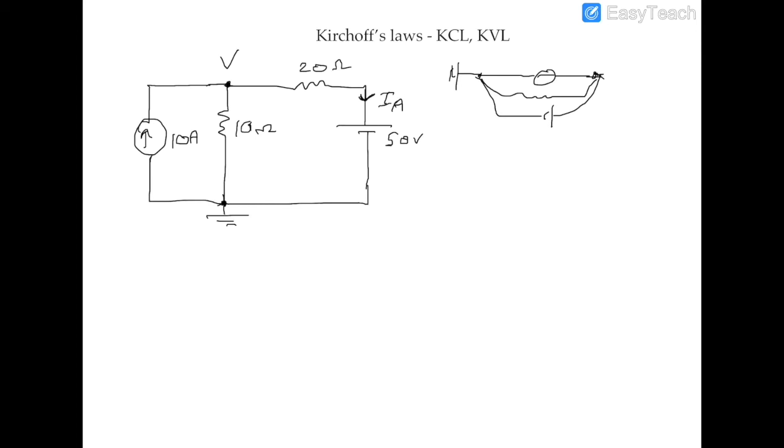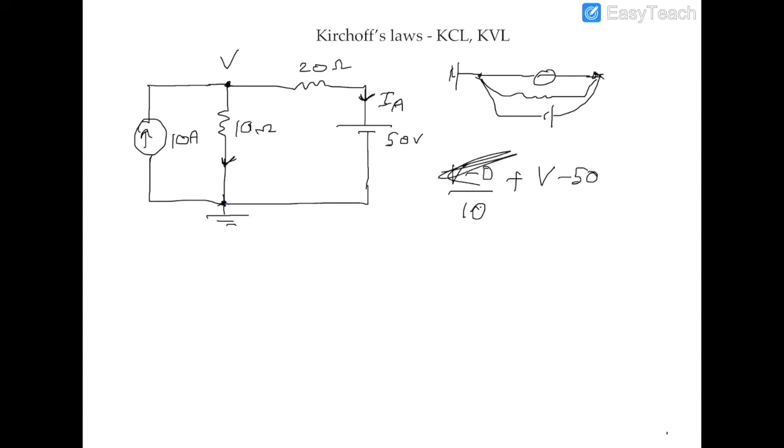So from this node, we have a current which is, let's say, entering here through the 10 ohms. All right. So that is going to be V minus 0 by 10. All right. And then you have IA through the 20 ohm resistor and 50 volts supply. And you got V minus 50.